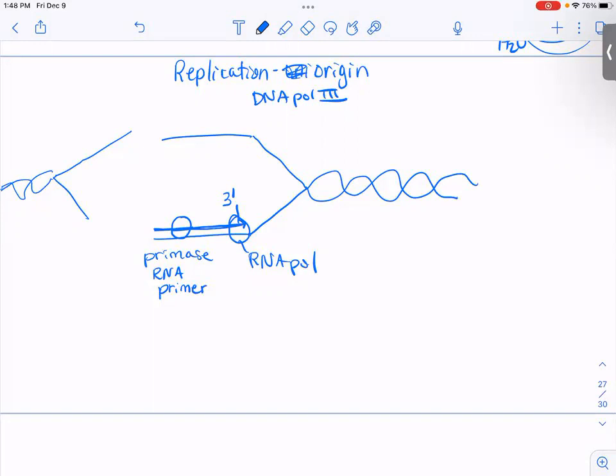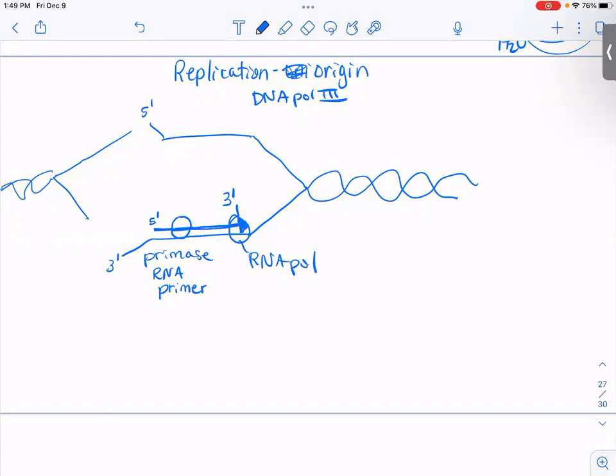If this is the 3' end of the new DNA, then the other end would be 5'. Here's the old 3', and then here's the old 5'. You can work your way out if you had a question dealing with that. Again, this would always be adding on to the 3' end of the new DNA.